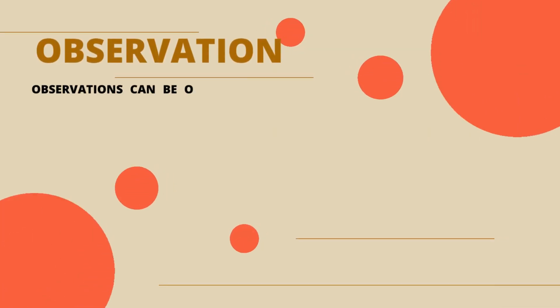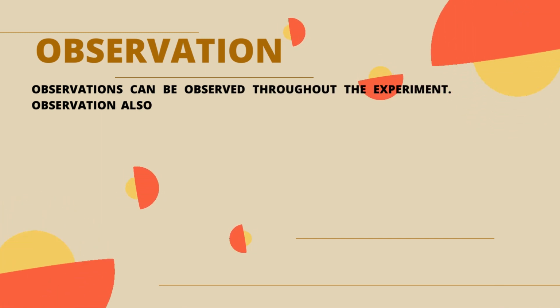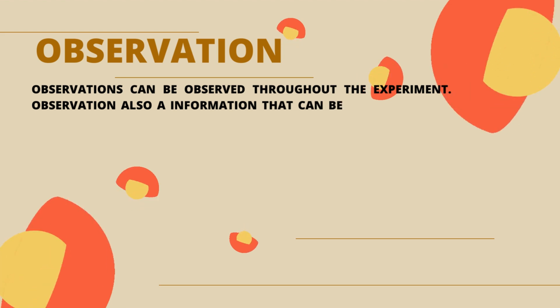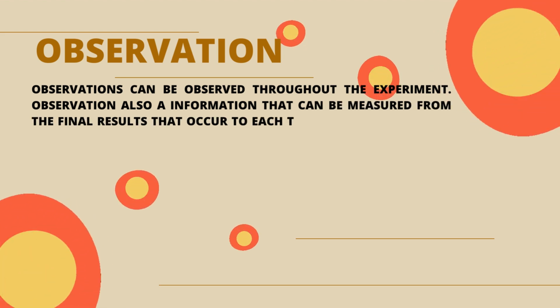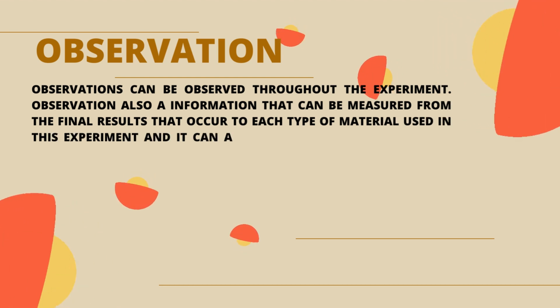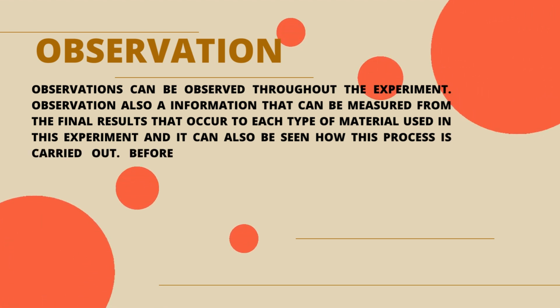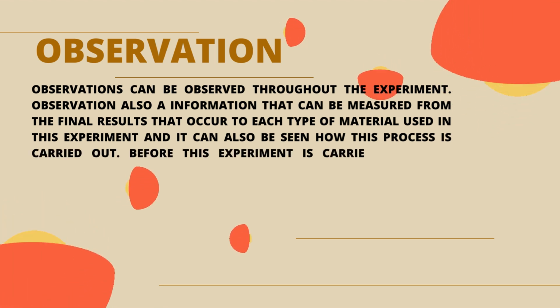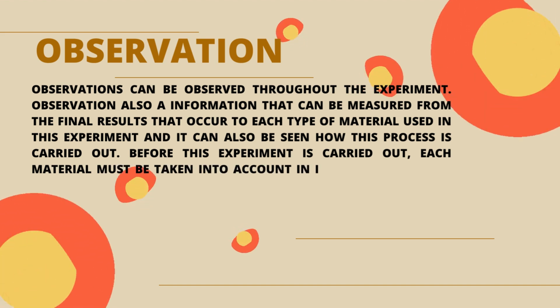Next is about the observation that can be made throughout the experiment. Observation is also information that can be measured from the final result that occurs to each type of material used in this experiment, and it can also be seen how this process is carried out. Before this experiment is carried out, each material must be weighed for its initial weight.